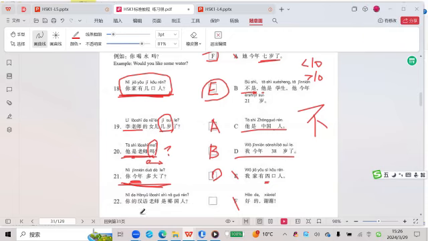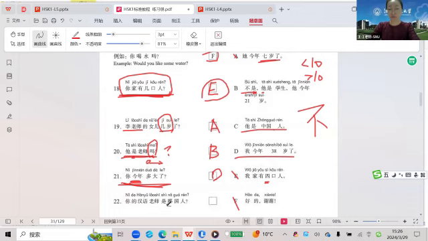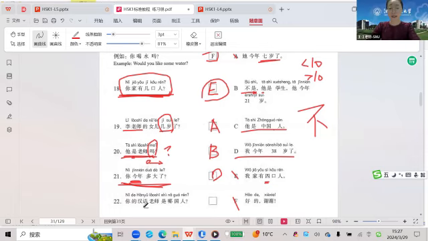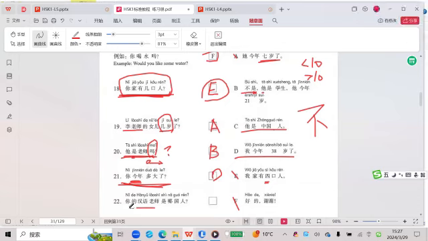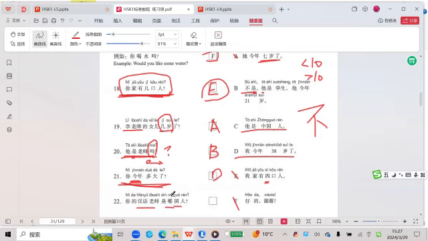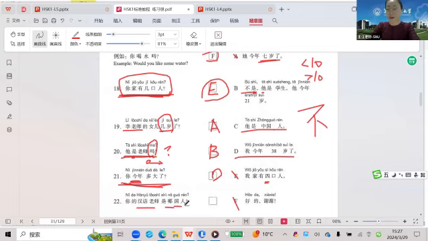Which country is your Chinese teacher from? Yes, right. 哪 means which, 国 country. So which country is your Chinese teacher from?